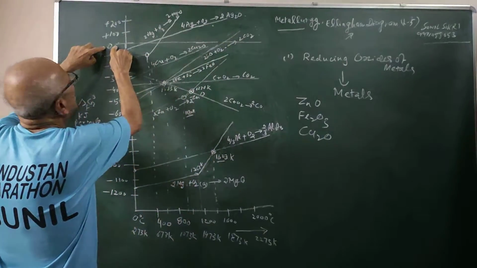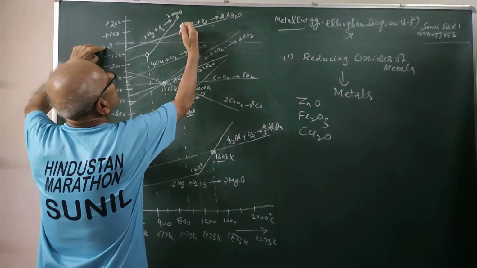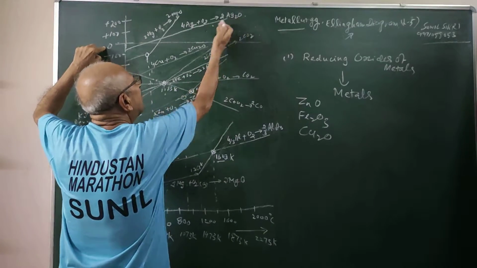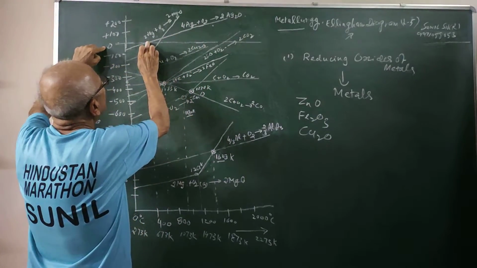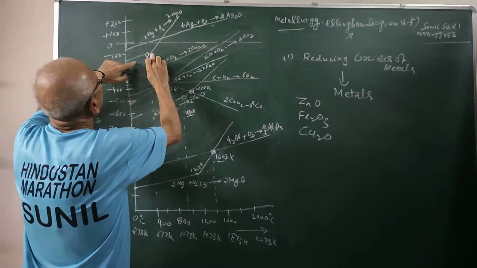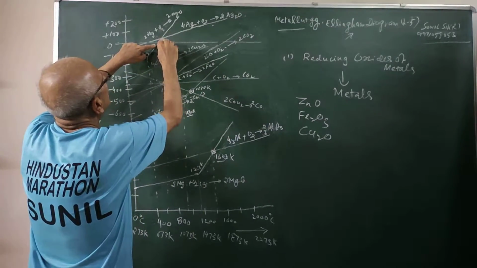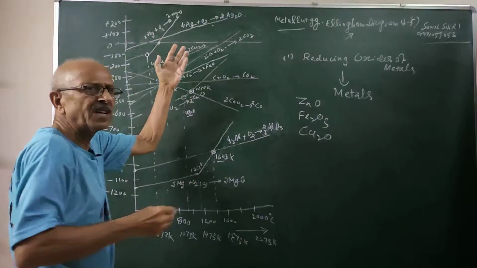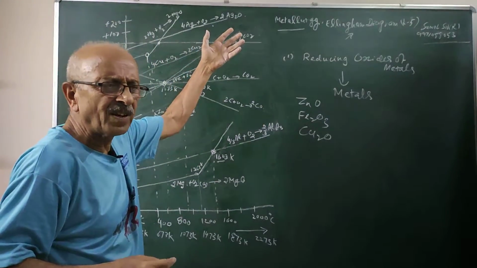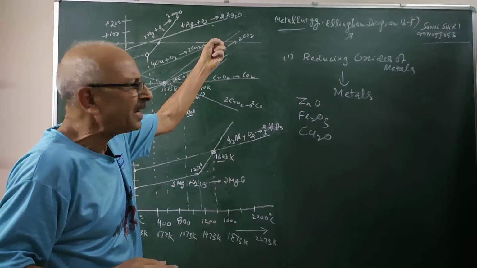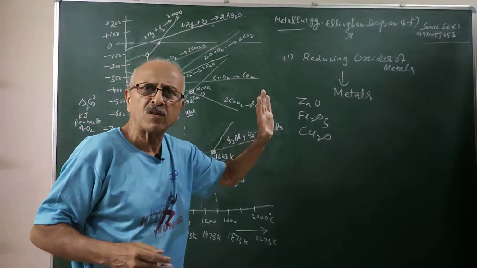This is a zero value of delta G0. So when it becomes positive, this is unstable. It will dissociate above this temperature. Here, this mercury oxide is going to dissociate at this temperature. These temperatures are around 600 to 700 Kelvin. So they are lower temperatures, and we can easily heat them and dissociate them.